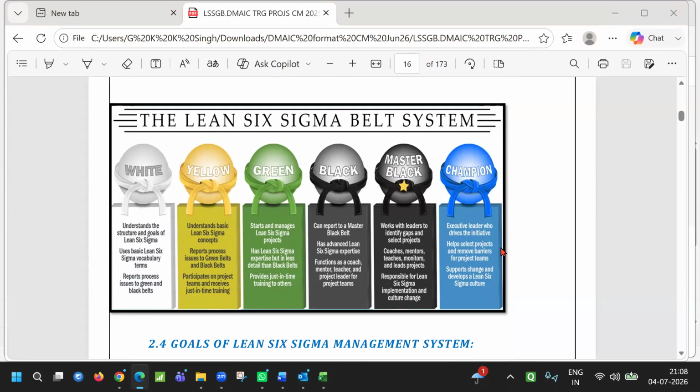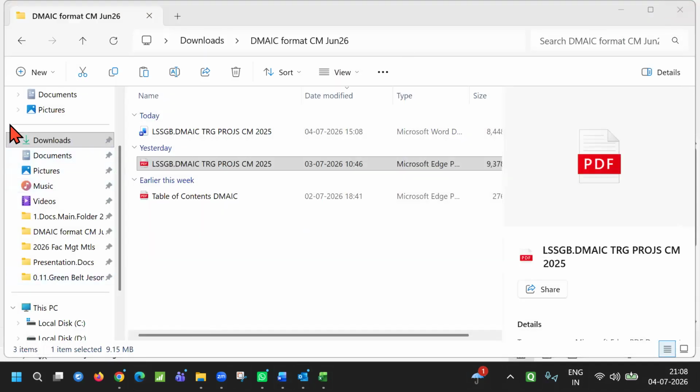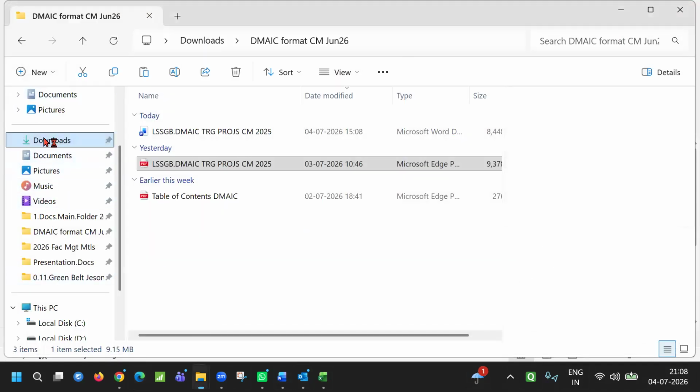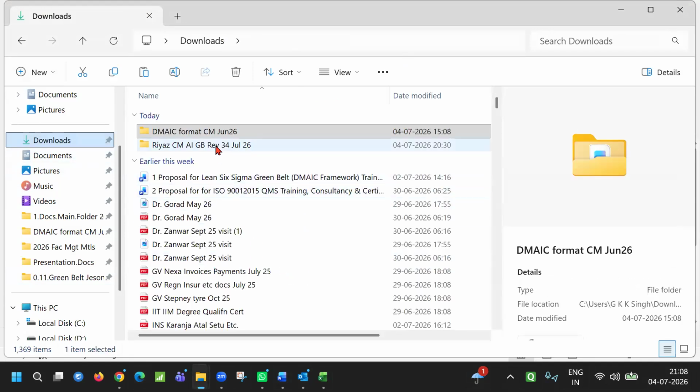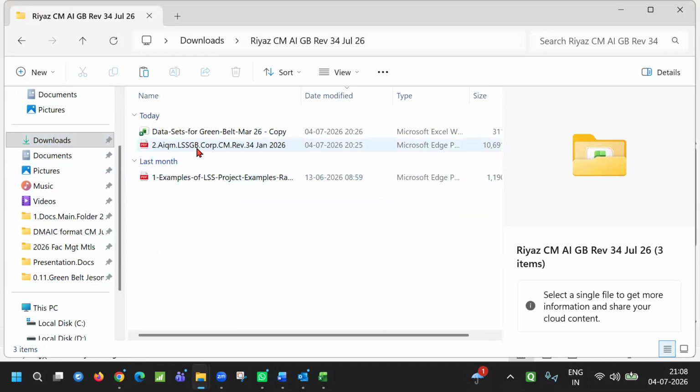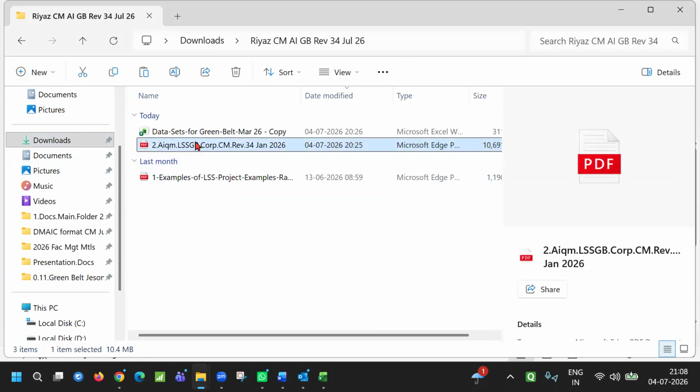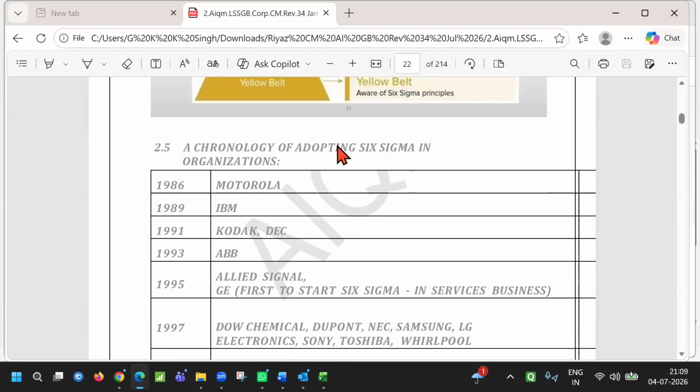He reports to the implementation leader, that is the top management, and the master black belt is the mentor who supports the team during the project implementation. And as I told you, the outcome is measured in terms of the savings achieved out of implementing the project. So this is how we are implementing the projects, and we have the savings calculations, which I have just shared with you. This is normally done in DMAIC in the last phase, that is the control phase.